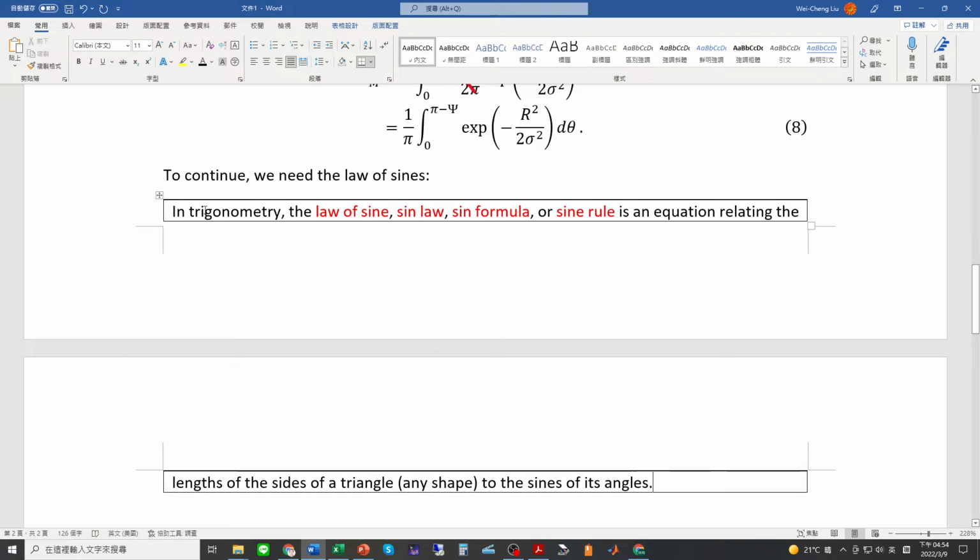In trigonometry, the law of sines, sine law, sine formula, or sine rule is an equation relating the lengths of the sides of a triangle, of any shape, to the sizes of its angles.